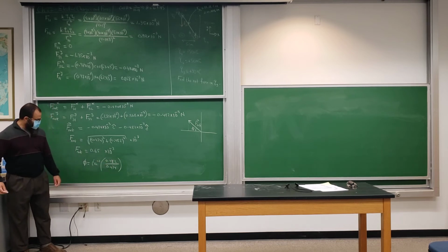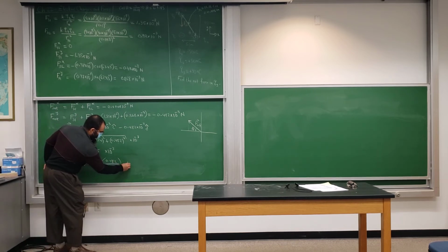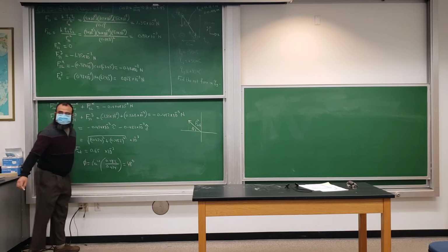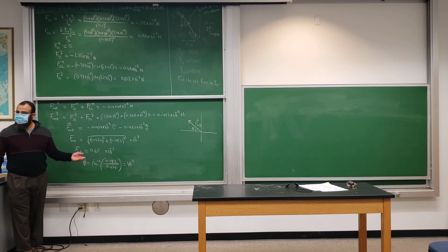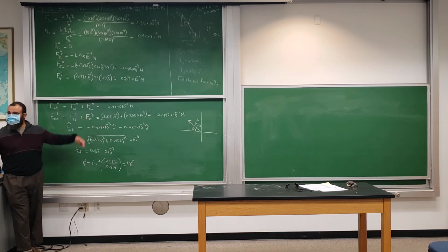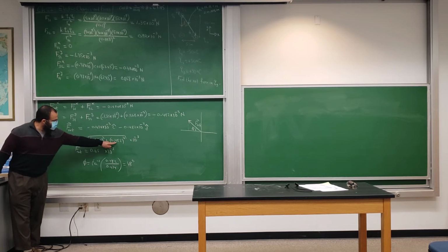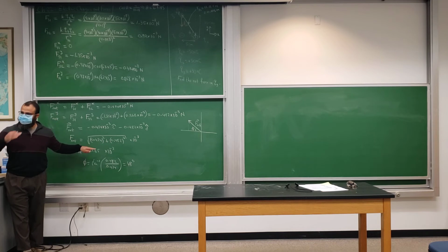And I heard it's 48 degrees. So it makes 48 degrees with the negative x axis. The y is larger than the x slightly, so it's more open toward the y. So yes, it's more than 45.